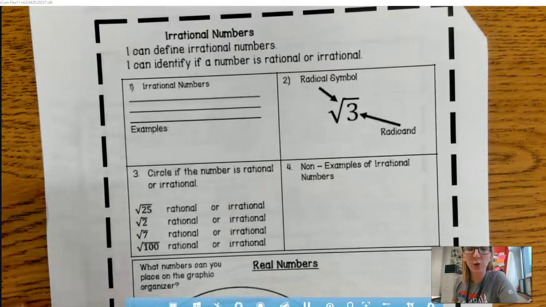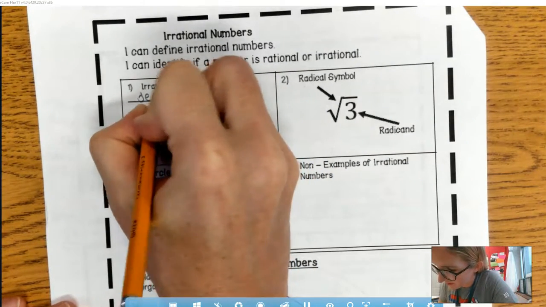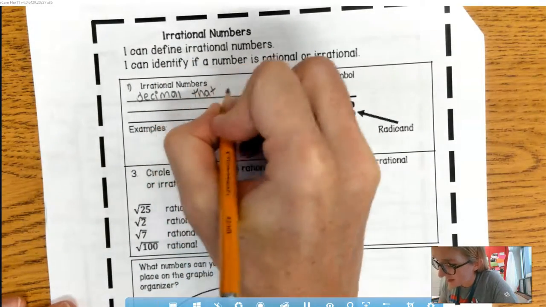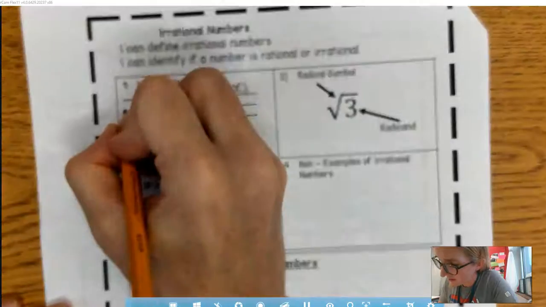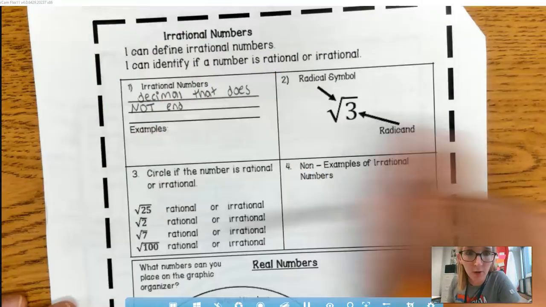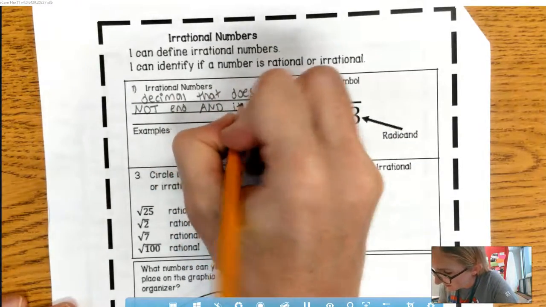All right, so an irrational number is going to be a decimal that does not end, so that means it goes on forever, and it does not repeat.